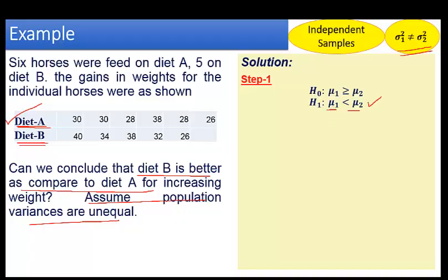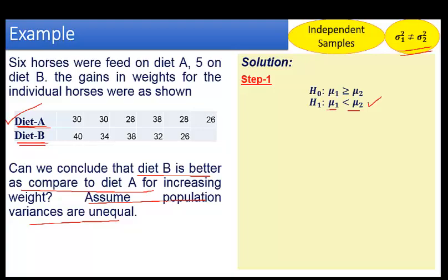By writing the hypothesis, we will maintain the sequence as the first group, that is mu1, we write mu1 in the first slot and mu2 in the second slot. And since diet B is better, we will reverse the sign, that is mu1 less than mu2 means that the average in the second group is greater than the first one.